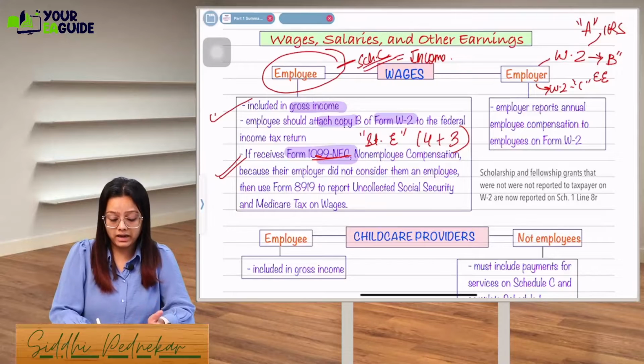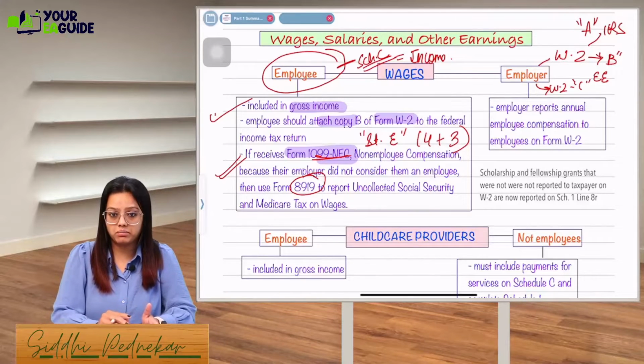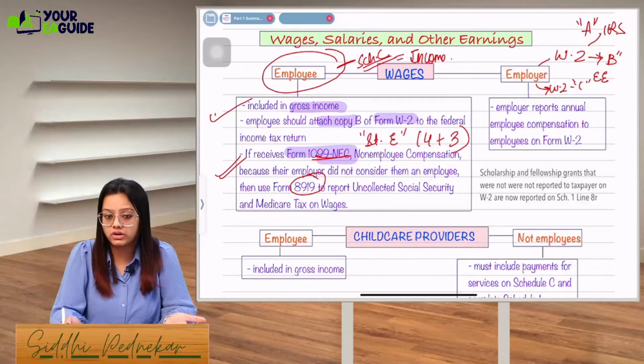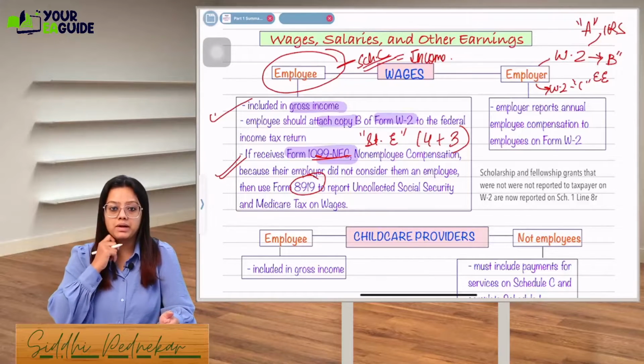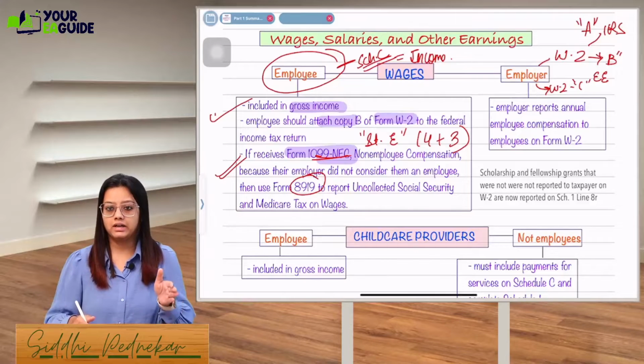So for that type of treatment, you are going to file form 8919 to report uncollected social security and Medicare taxes on the wages. Because you are not an employee, they might not have collected the social security and Medicare. So you will be mentioning it separately in the tax return by way of form 8919.